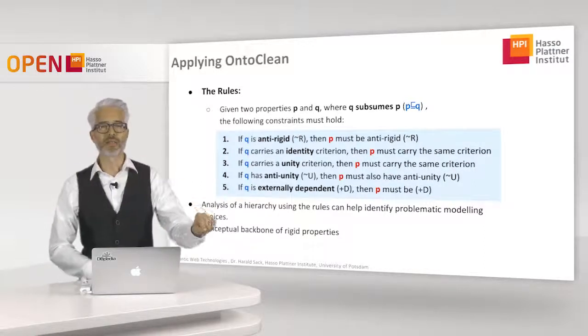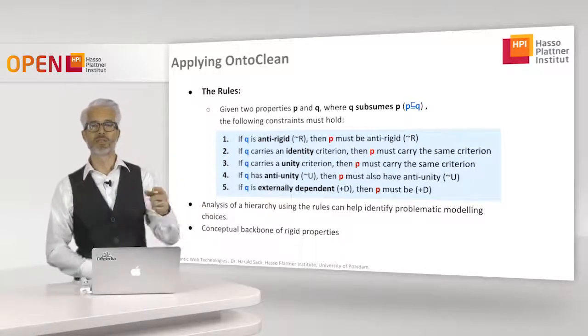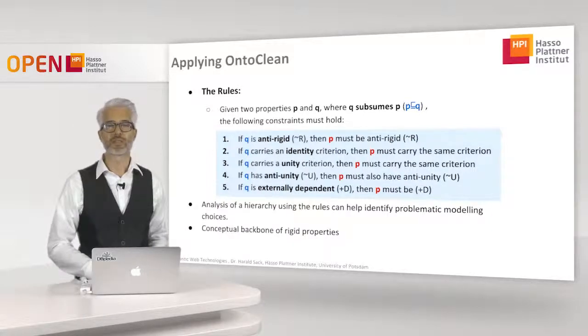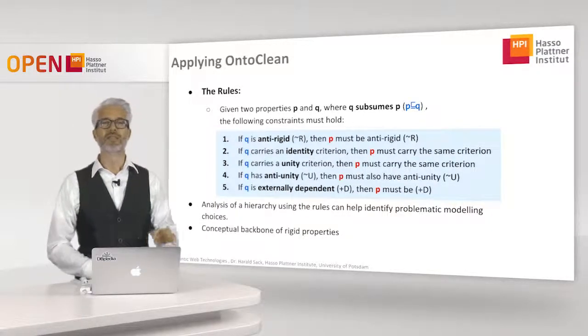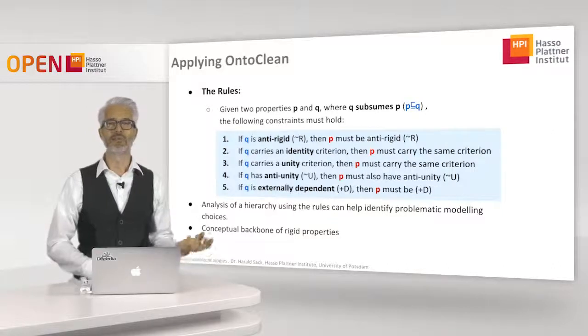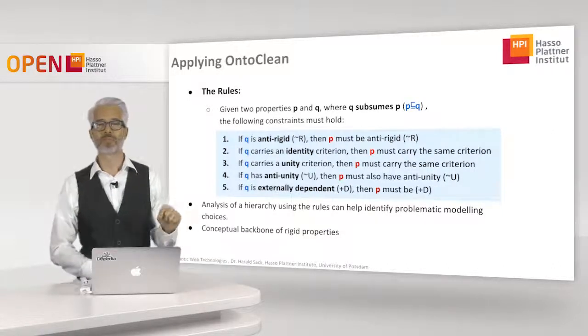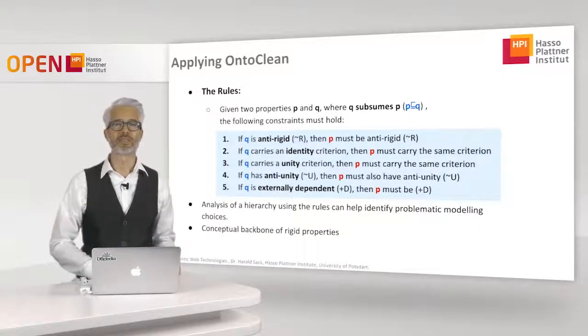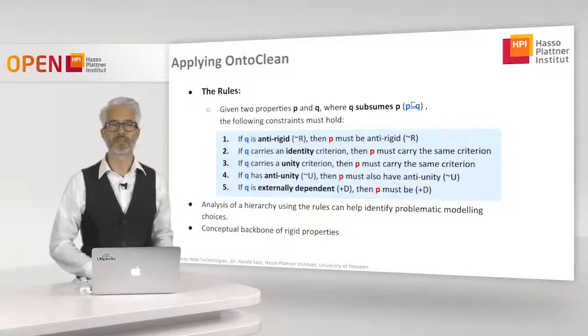If the superclass carries a unity criterion, then the subclass must carry the same criterion. As well as, if the superclass has anti-unity, then the subclass must have anti-unity. So that's another rule. And of course, if the superclass is externally dependent, then the subclass must also be externally dependent.